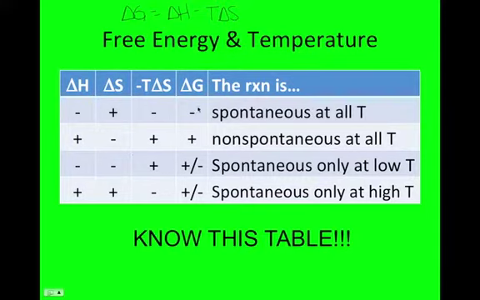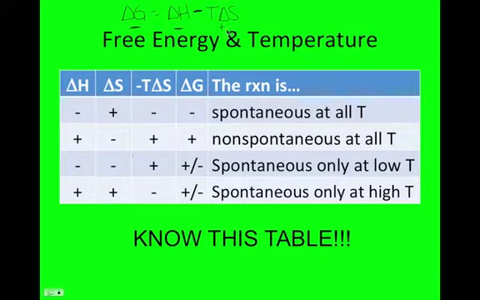So, first, if delta G is negative, there's a couple of ways you can get that, but the only way to guarantee that your reaction will be spontaneous all the time, no matter what temperature you're at, is if both of these values contribute to the negativity of delta G. Since delta H is by itself, we want delta H to be negative, and since we're subtracting, we want the T delta S term to be positive.